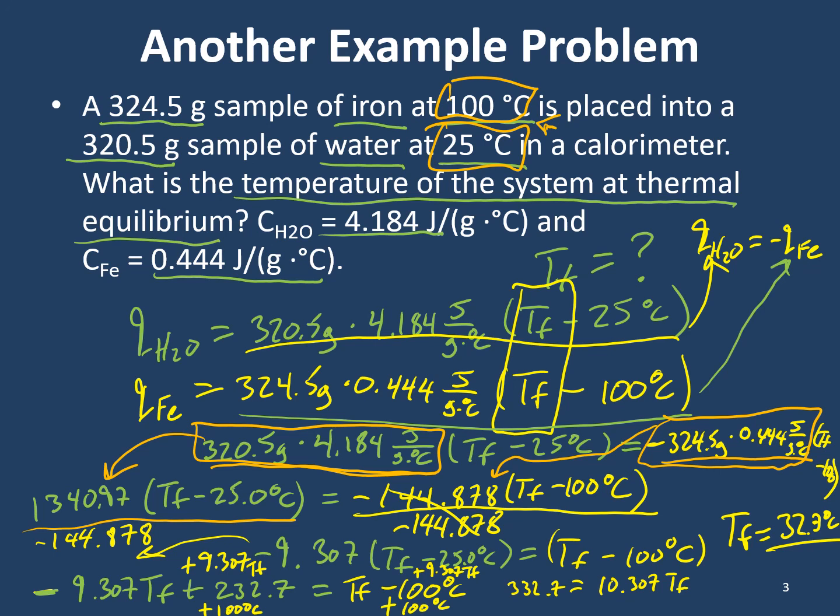Or if you added hot metal to cold water and the temperature went down, that would be crazy. It would never happen, right? So the temperature of the water is definitely going to go up. The temperature of the iron is definitely going to go down. We're going to meet somewhere in between these two values. And as you can see, that's what happened, right? Our 32.3 degrees Celsius is in between 25 degrees Celsius and 100 degrees Celsius.